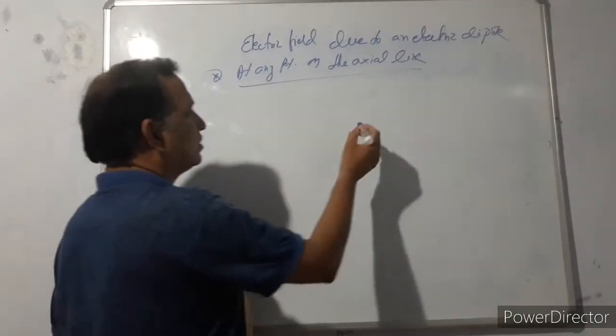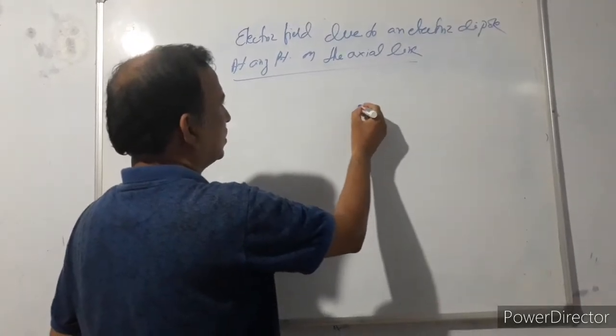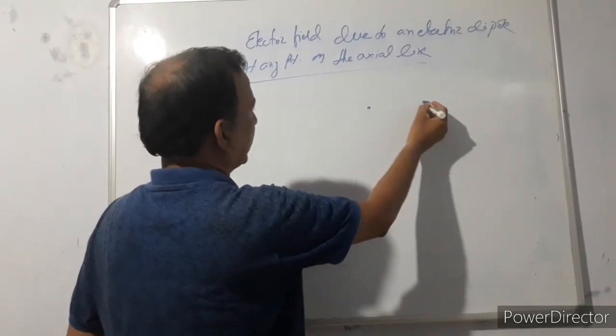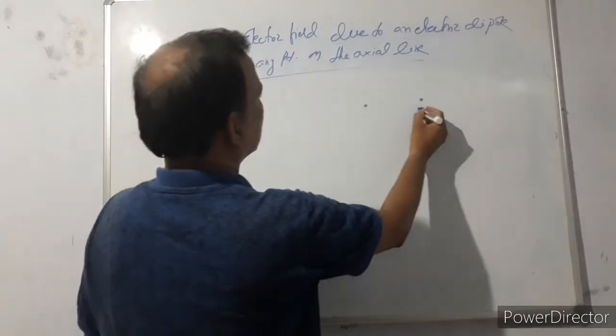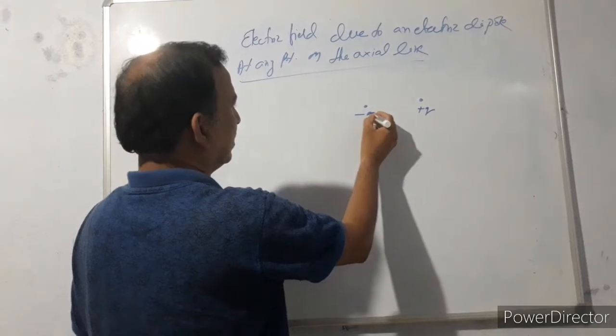So let us consider an electric dipole having two charges, plus q and minus q.